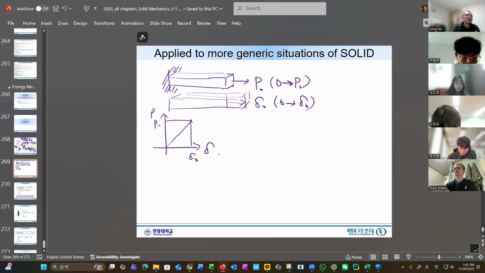The P is gradually increasing, and there is a strain energy for each delta. This represents an incremental strain. So the same story goes here. So the energy will be half P0 delta zero.